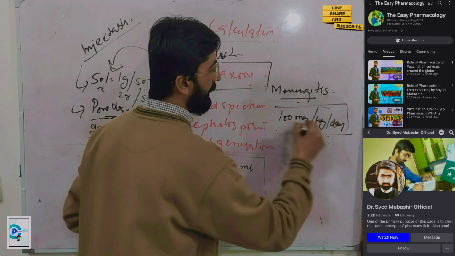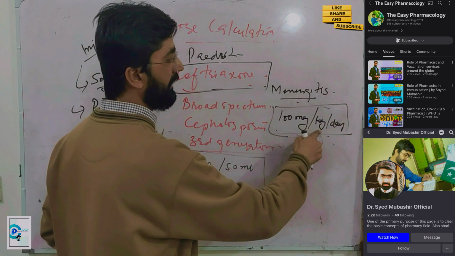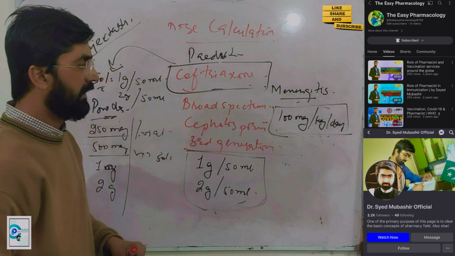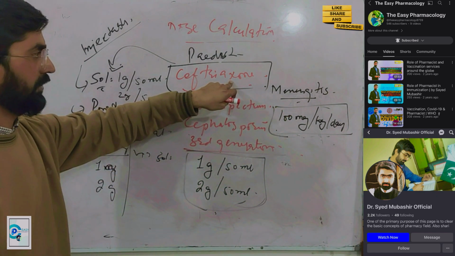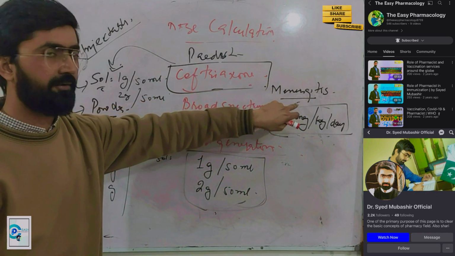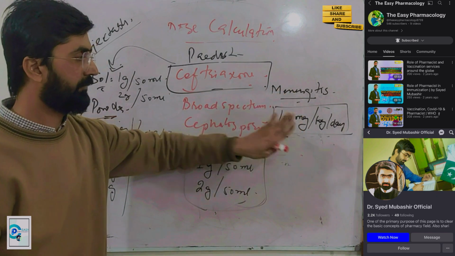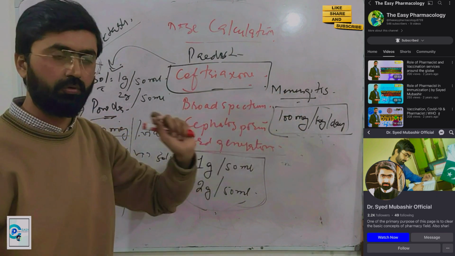This is the recommended dose, 100 milligram per kg per day, of ceftriaxone for a child patient with the disease meningitis.